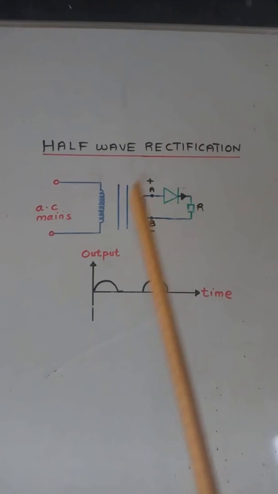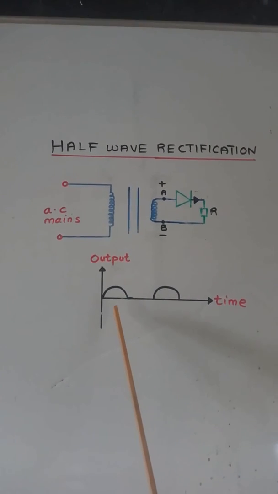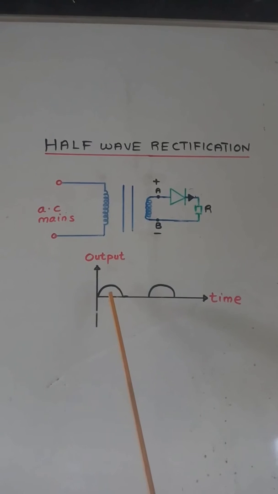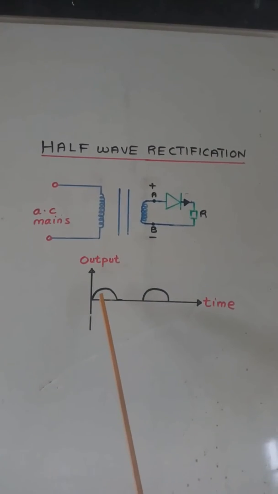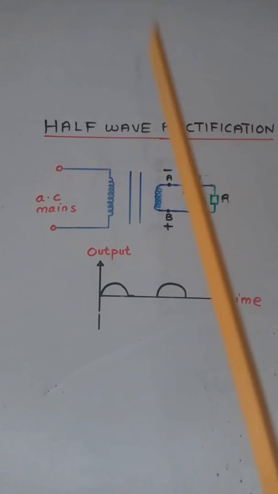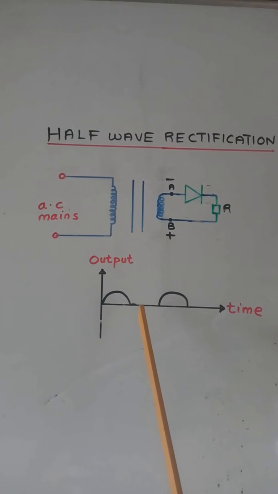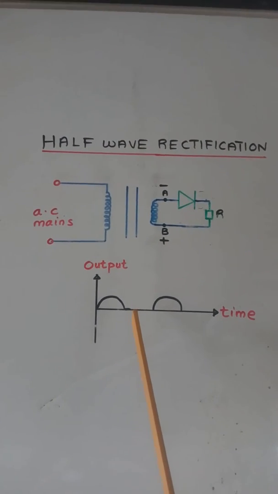For the first half cycle, current flows in the circuit. For the second half cycle, no current flows in the circuit.